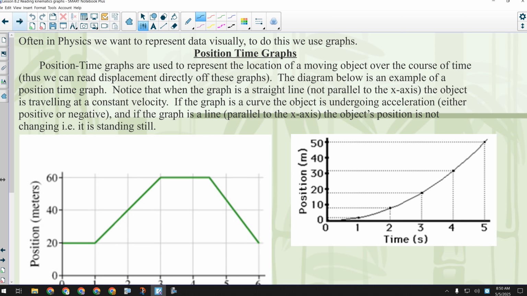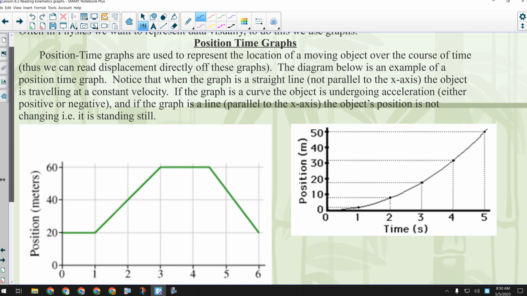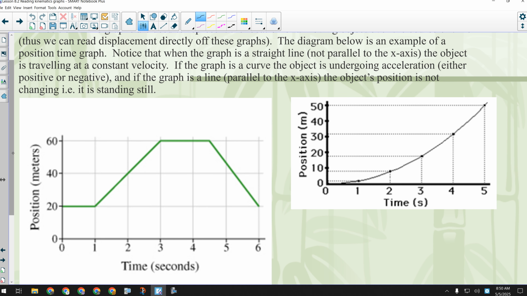All right, let's look at the graph here on the left with the green line. Between 0 and 1 second, what is that object doing? Sarah, you're shaking your head. It's not doing anything. How do you know that? It's not moving. Right, it's a horizontal line.